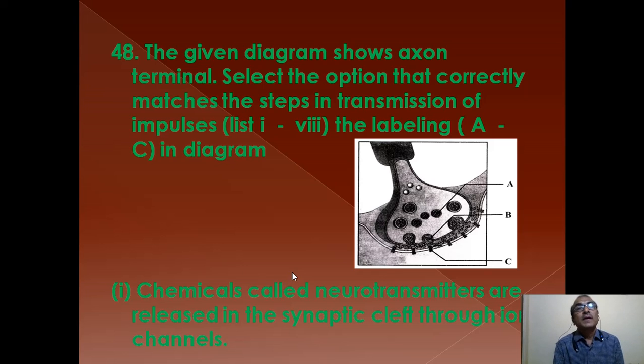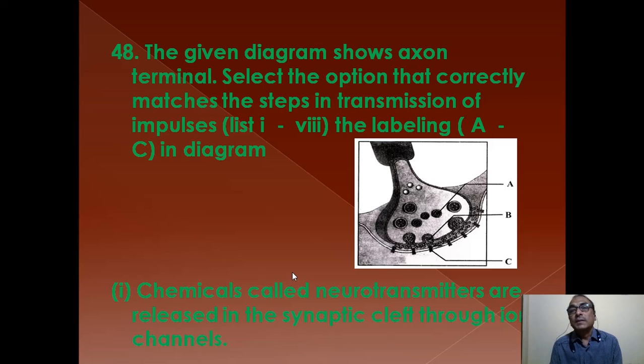Question number 48. The given diagram shows an axon terminal. Select the option that correctly matches the steps in transmission of impulses. List 1 to 8 is given there. The labeling A to C in the diagram we have to look into.